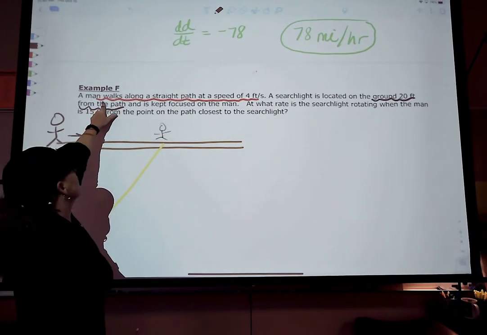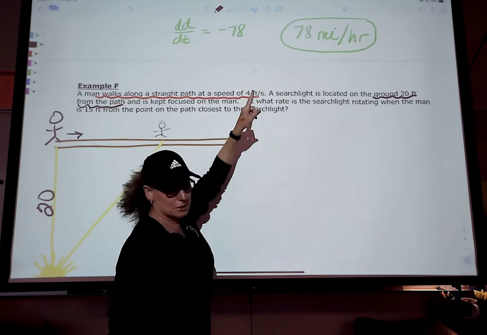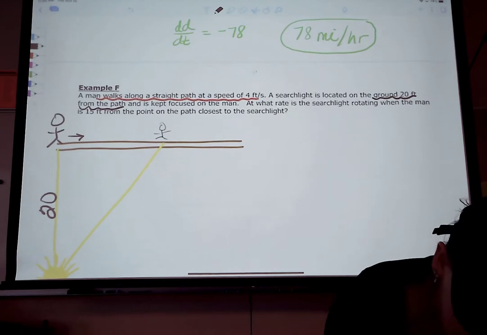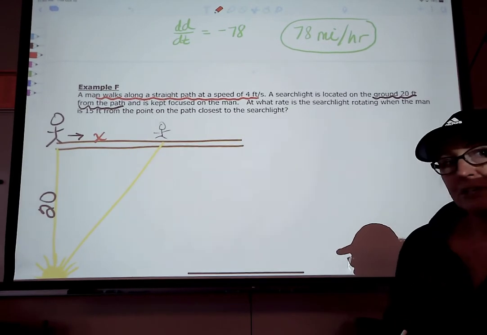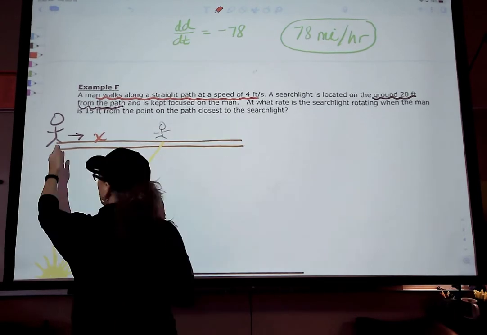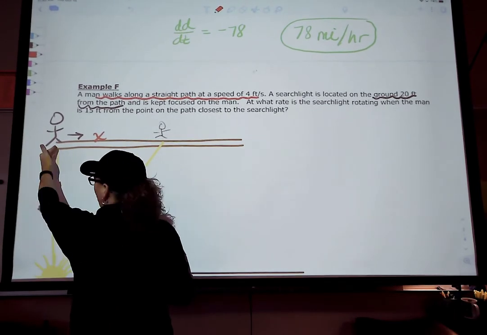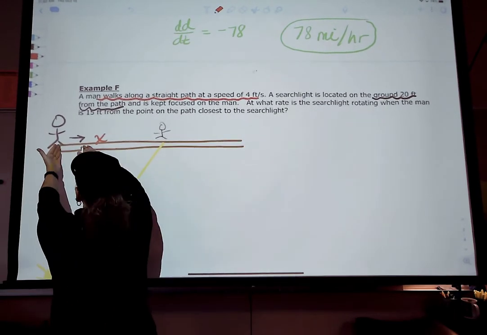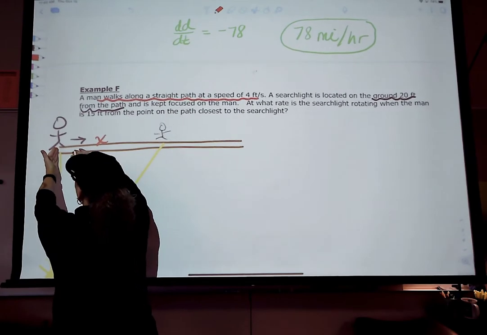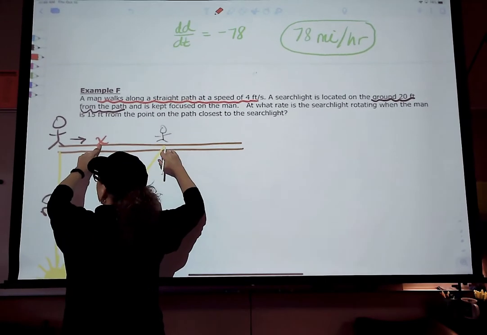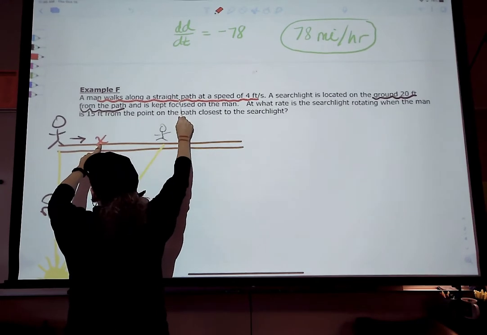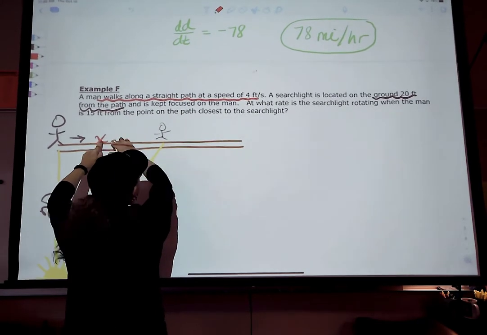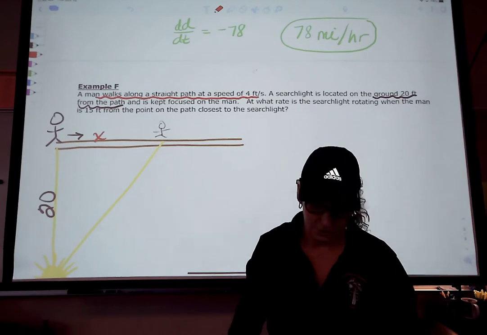So, he's walking along a straight path at a speed of 4. I think I'm going to make X represent his distance from the point where he was closest. He's going this way, so I'm going to call his distance traveled X. And thus, I can say X is changing at a rate of 4.